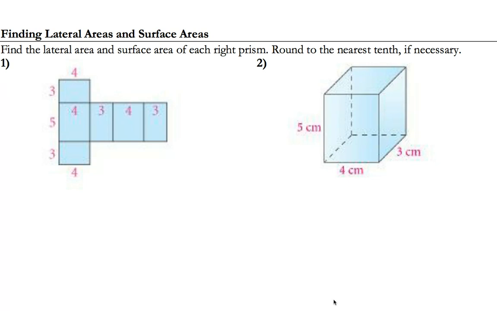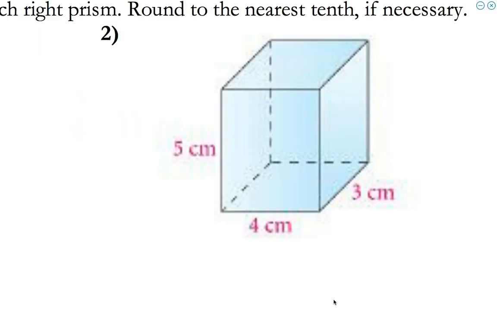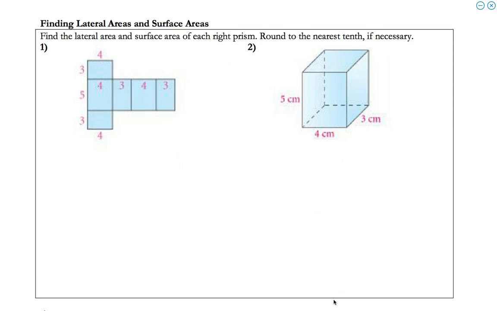So feel free to go ahead and figure it out one at a time, but we are going to do it using the formula. So surface area equals lateral area plus both of the bases.